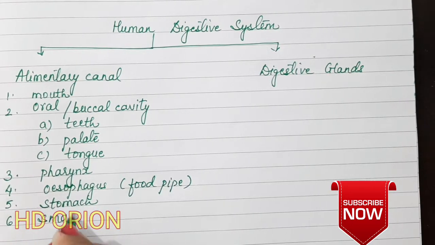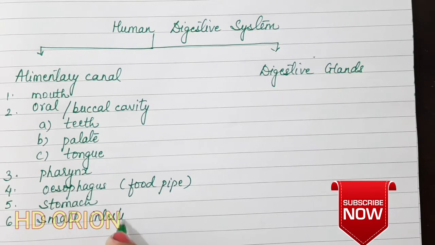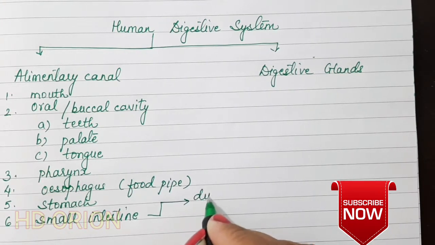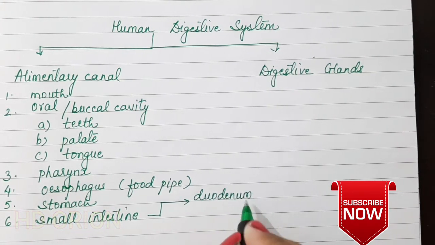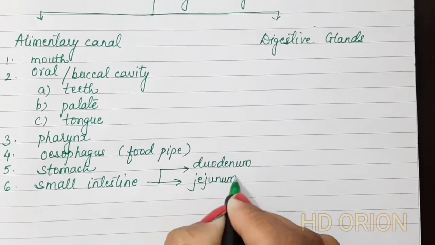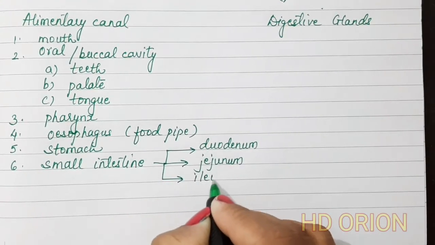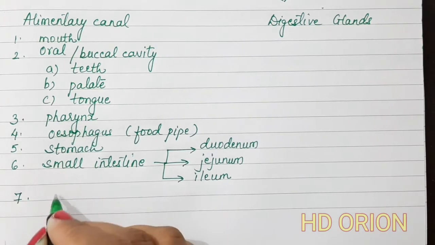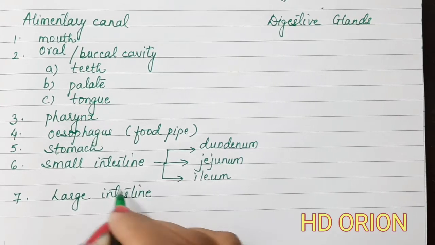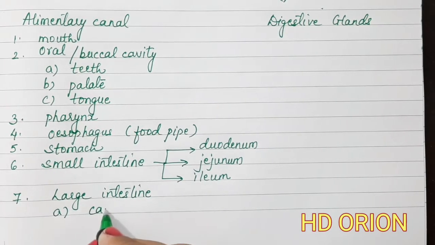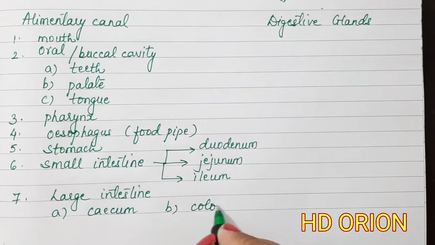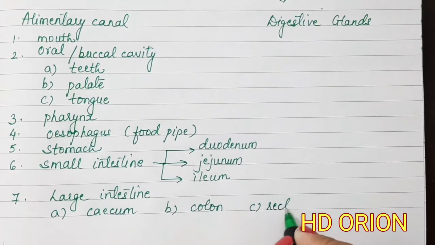Then comes the small intestine. The small intestine is divided further into 3 parts: duodenum, jejunum, and ileum. And the last is the large intestine, which is divided into cecum, colon and rectum.